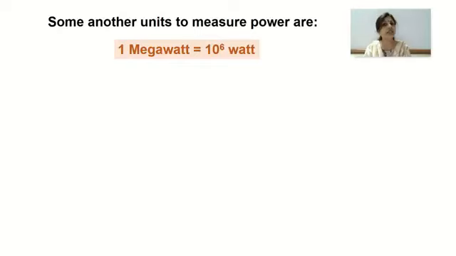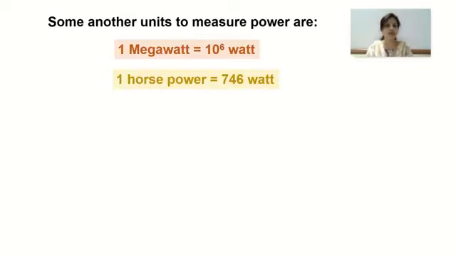When it is electrical energy, during that time you must have seen this unit as megawatt. How much electrical power, in megawatt. So 1 megawatt is equal to 10 raised to 6 watt. There is one more unit which is called horsepower, and 1 horsepower is equal to 746 watt.